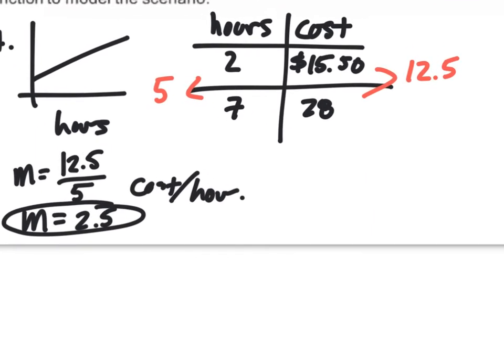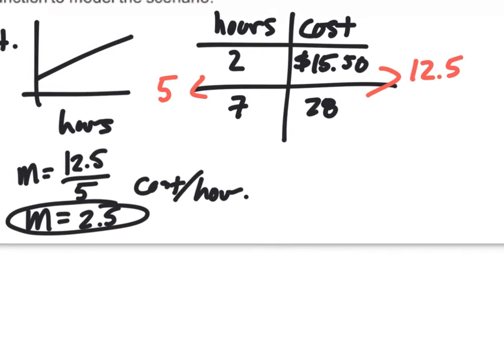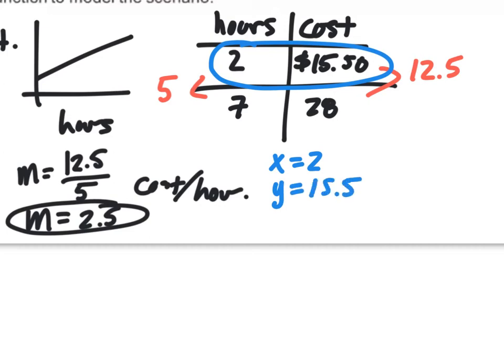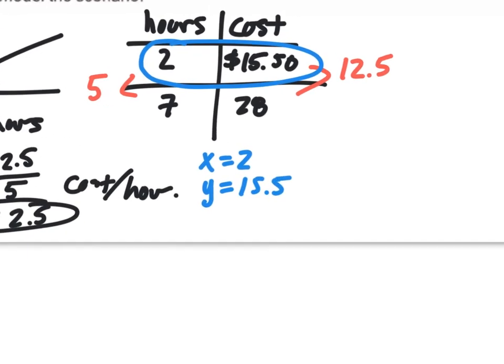So what I want to do is use the point here of 2 and 15.50. So m is equal to 2.5, and I'm going to say that x is equal to 2 and y is equal to 15.5. I'm going to plug that into y equals mx plus b.